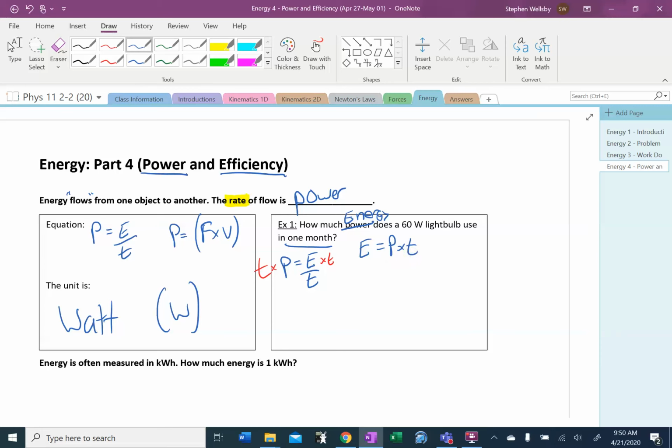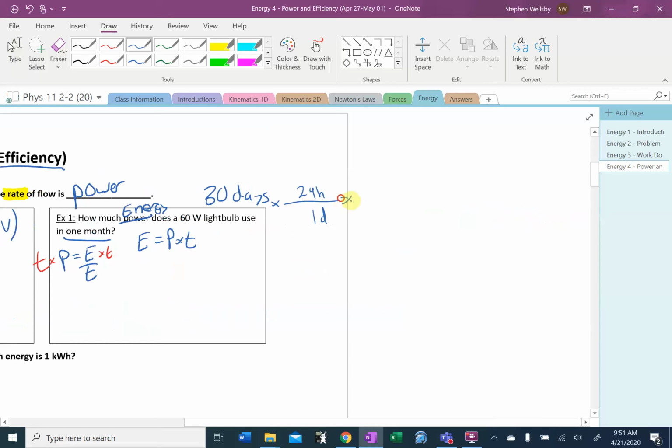Now there's two options for solving this, and I'd like you, especially because it's going to help you with our bonus question at the end, I'd like you to try doing it this way. So the first way you're probably going to use is going to go 1 month. Okay, well, we'll call that 30 days. And then we're going to do the conversion here. So the 30 days is going to be, well, we know in 1 day there's 24 hours, and in 1 hour there's going to be 60 minutes, and in 1 minute there's going to be 60 seconds.